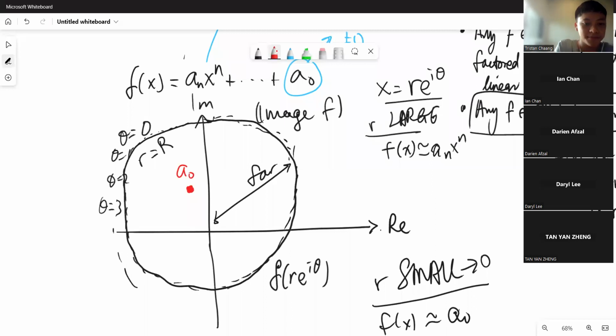Let's say this is a_0. That means for very small r, the curve is somewhere like that. This is r small, and again it is a parametrization by varying theta, so you get a very small curve surrounding a_0.